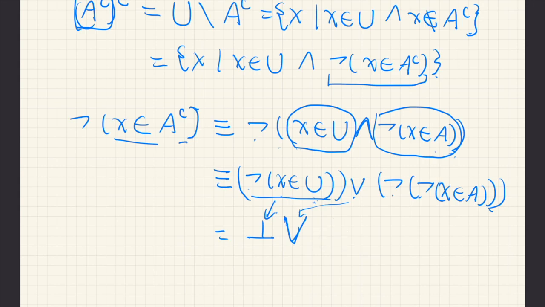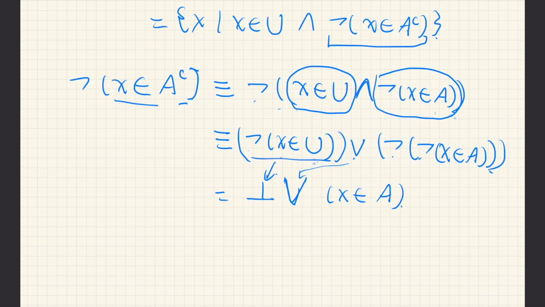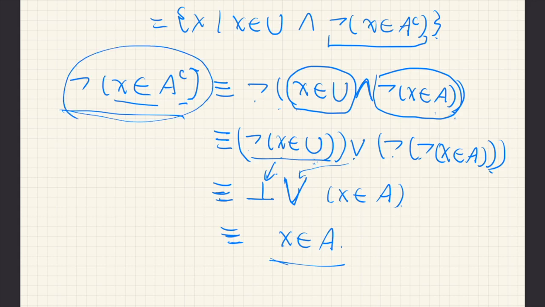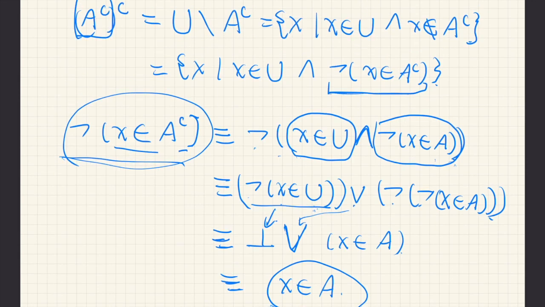So that means x belongs to A. So false or this statement is equal to this statement, x belongs to A. If this is true, then this is true, so they are all equivalent. So that means this statement is equivalent to this statement.